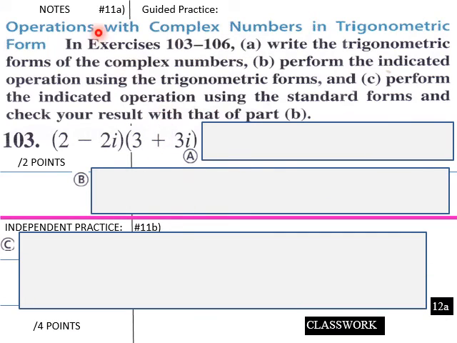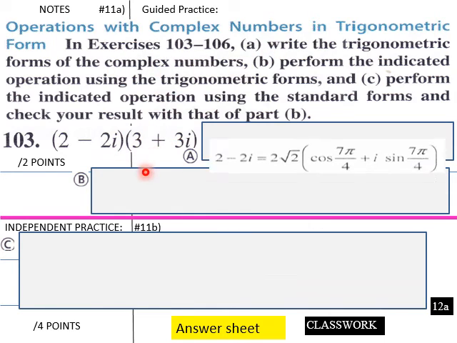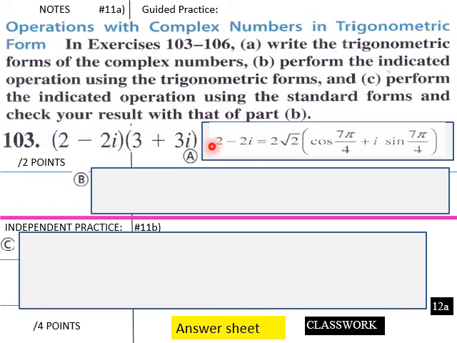So for our guided practice here, this is part of your independent practice down here. For these two responses, A, write the trigonometric forms of the complex numbers. So doing that, we have 2 minus 2i equals 2 times radical 2 cosine 7 pi over 4 plus i sine 7 pi over 4.